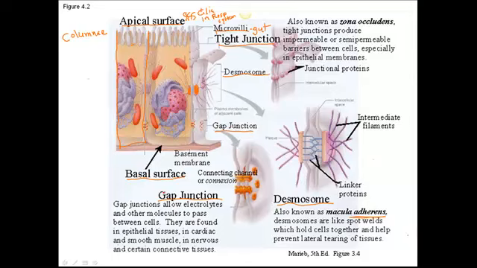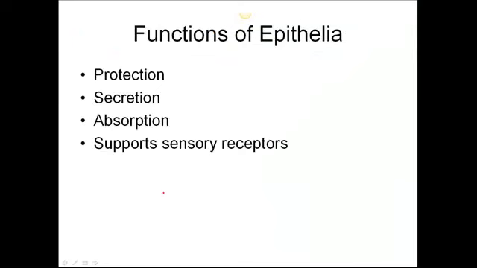So we have two main types of classifications: simple and stratified. Very simple. This is one layer, and this is two or more layers.